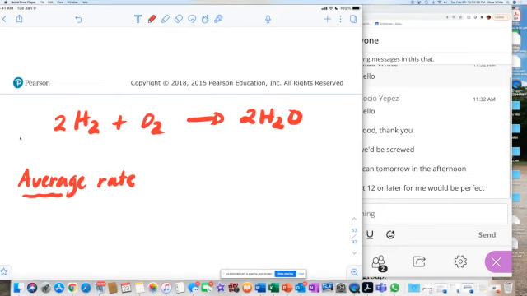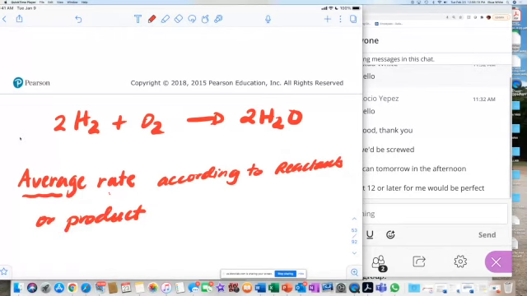Look at everything else they give you. They can ask you to find the average rate or to write the average rate according to reactants or products.